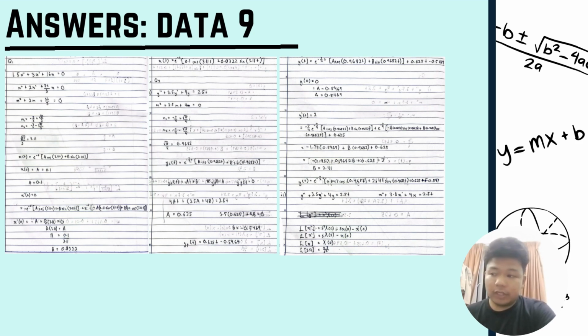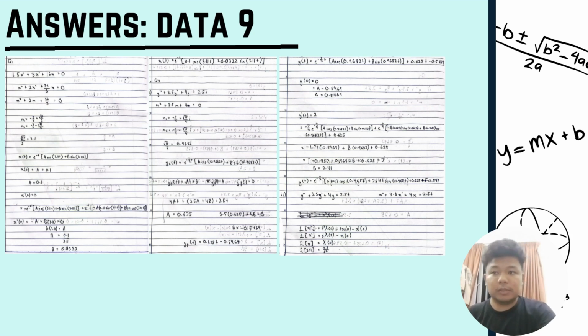So for x prime (0), simplified, we have negative a plus b multiplied by 3.11 is equal to 0. So we can find out that b is equal to 0.0322. Then we plug into the equation of x(t), which is e to the negative t, 0.1 cos 3.11t plus 0.0322 sin 3.11t.